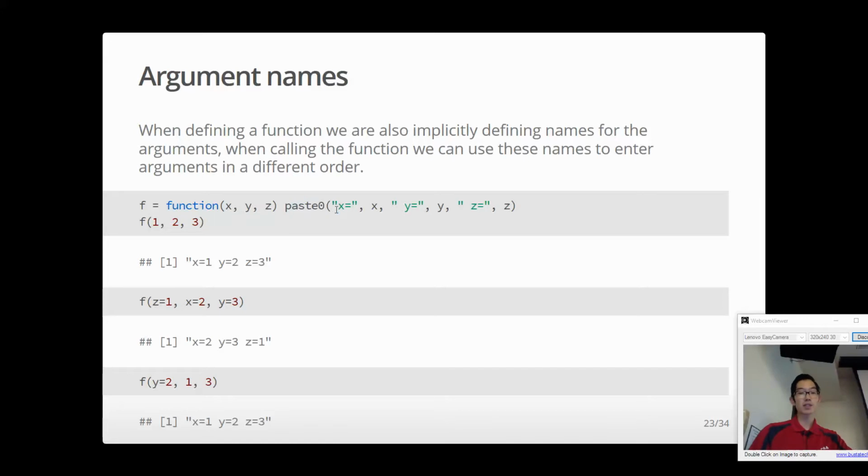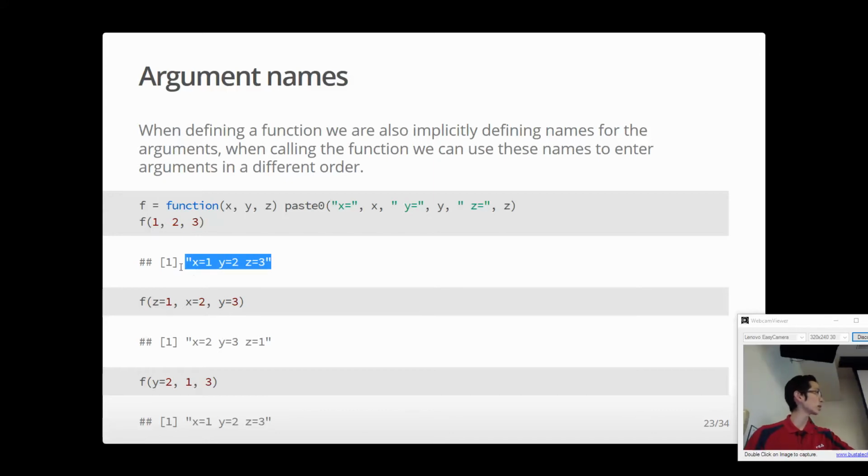What I want you to do is print out, well, we're using paste, so it's not really print, it just says create a character object where you are taking x equal, and then you're pasting whatever this object value is, and then you paste space y equals, and then paste the value of object y, and then paste z equal, space z equal, and then paste the object in z. So if I say run this function 1, 2, 3, it's going to spit out this character thing.